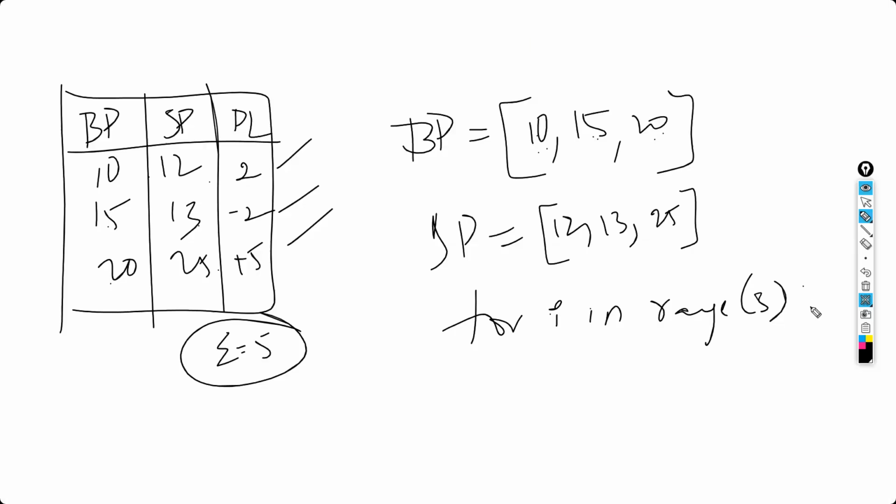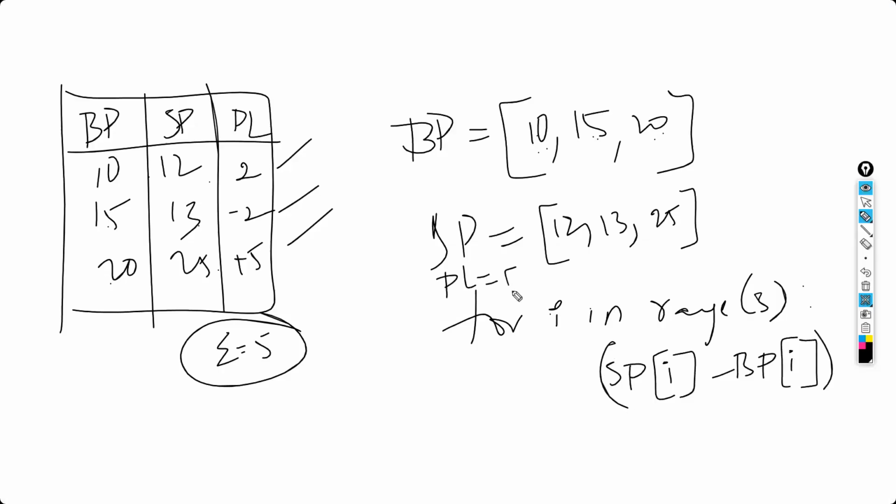Now you take selling price of i minus buying price of i, and this will be appended in a new list called PL. PL.append gives the profit or loss for each item, and print PL. PL means either profit or loss. You are going to get output like that.